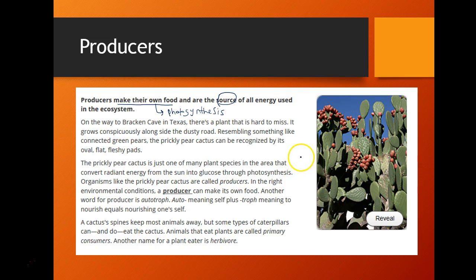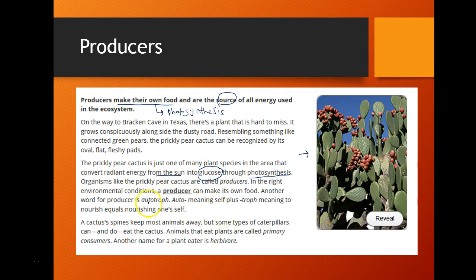So in the ecosystem in Texas, there's a cactus that is present, and this cactus would also undergo photosynthesis where it makes glucose. Again, photosynthesis is when we take energy from the sun and convert it into glucose.